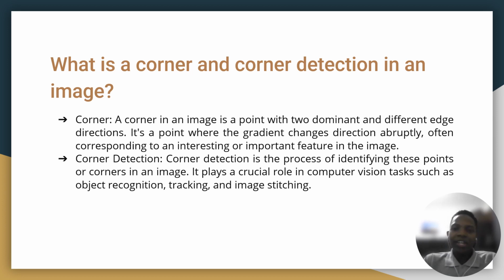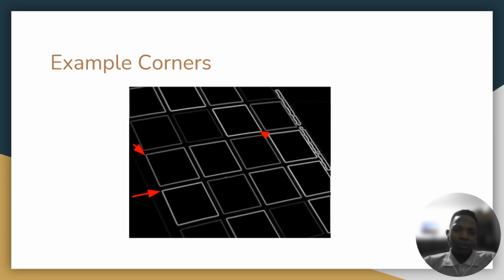It's a point where the gradient changes direction abruptly, often corresponding to an interesting or important feature in an image. And corner detection is the process of identifying these particular points or these corners in an image, of course. It plays a crucial role in computer vision tasks such as object recognition, tracking, and image stitching, as we'll see.